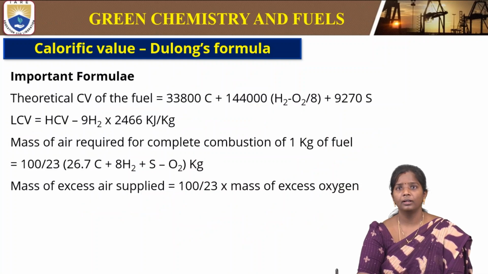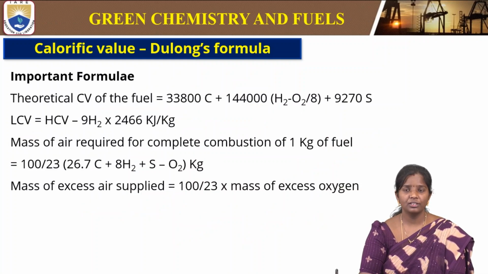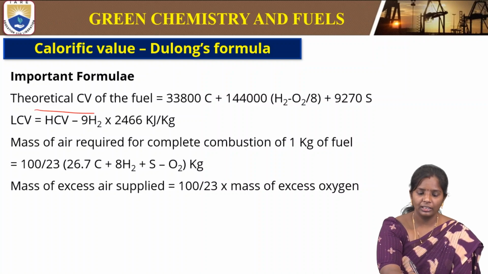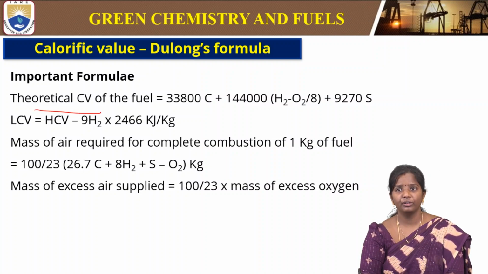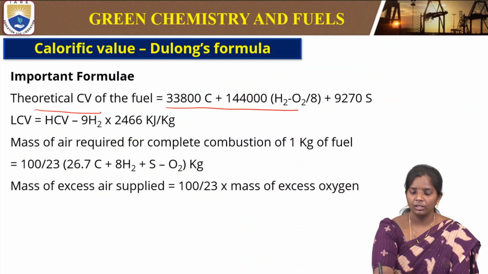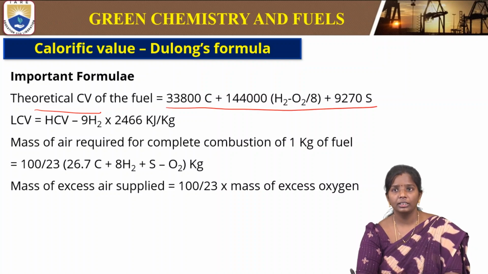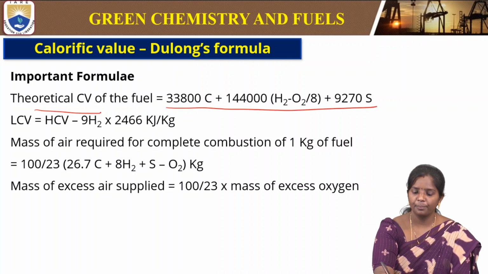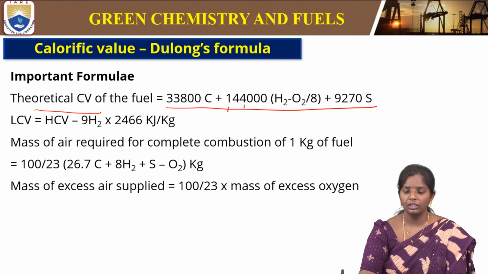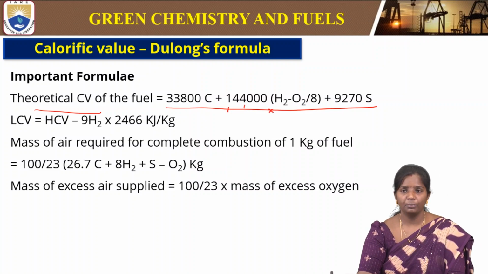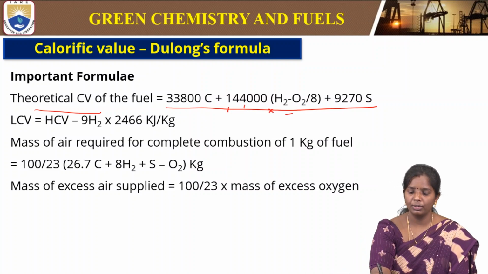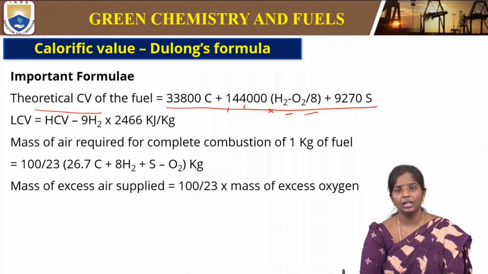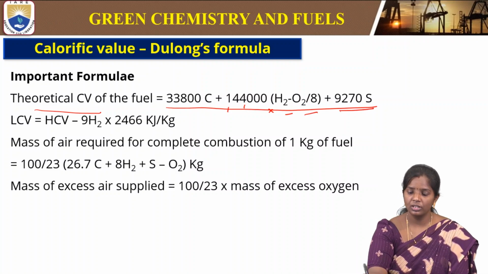automobiles. Next, these are the important formulae that we have, like the theoretical calorific value of fuel, that is nothing but 33,800 carbon plus 1,44,000 multiplied by hydrogen minus oxygen divided by 8 plus 9270 sulfur.